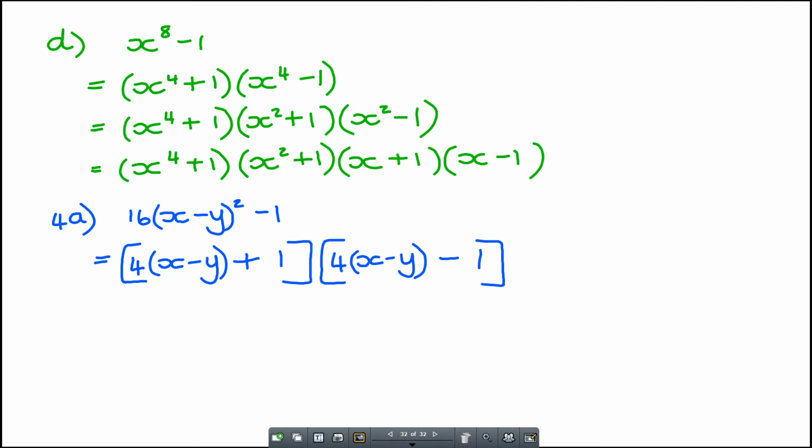Okay, now I'm going to go and multiply those in. So I'm going to end with 4x minus 4y plus 1 and 4x minus 4y minus 1.